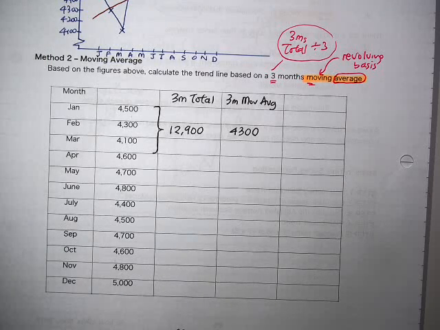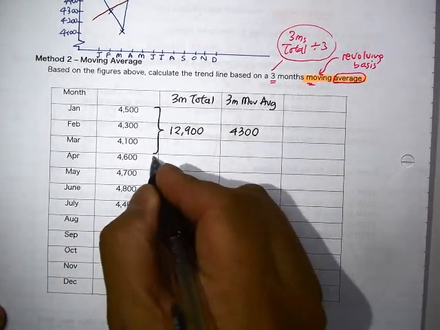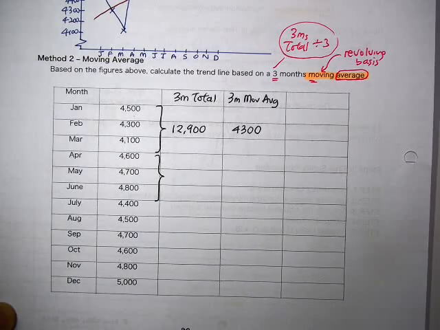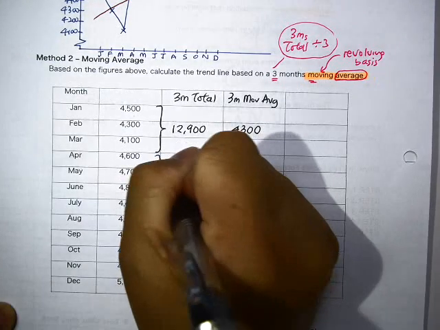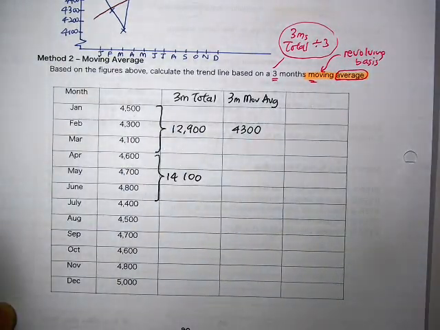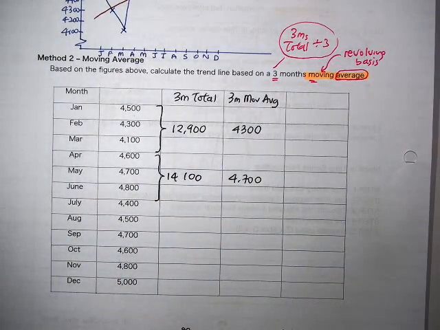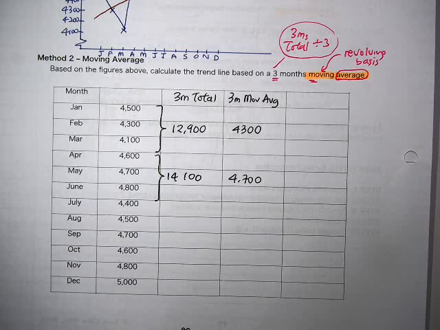And think about this: if you don't use the moving average technique, what will happen is, let's say after these 3 months, I take the next 3 months, so 4,006, 4,007, 4,008, and I get 14,001, and I get 4,007.